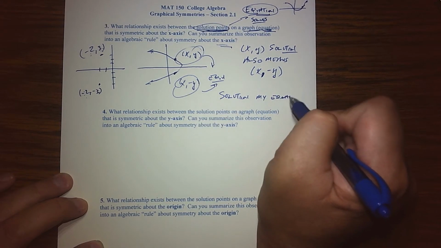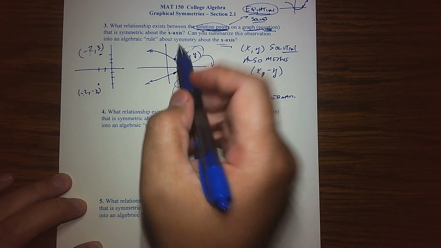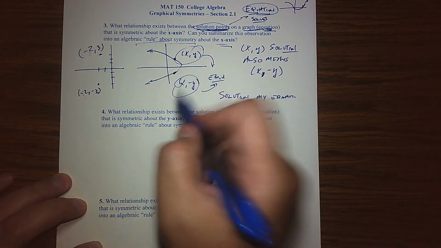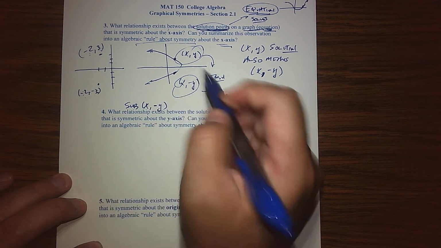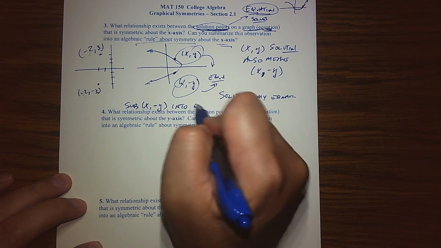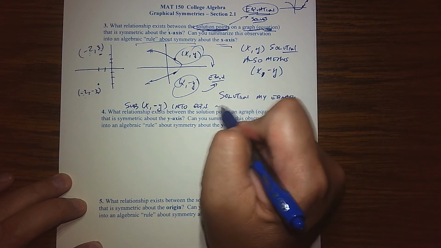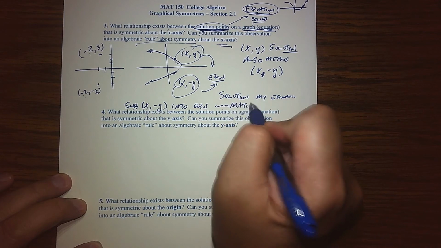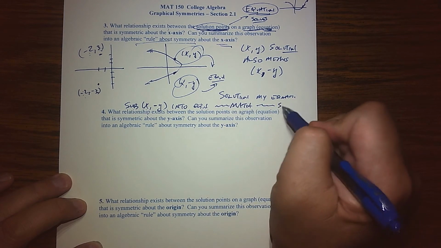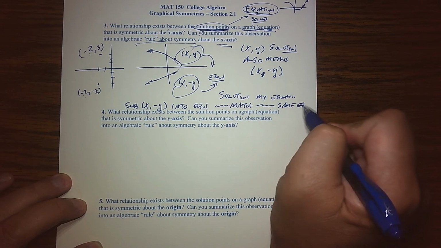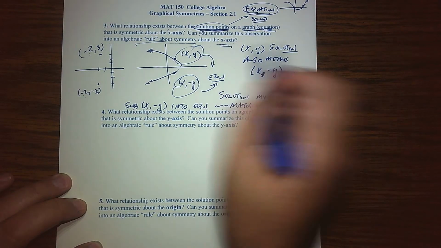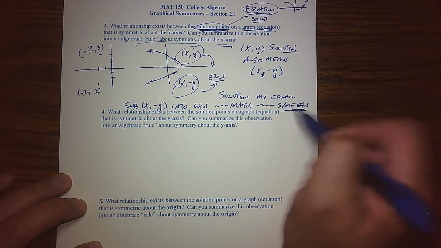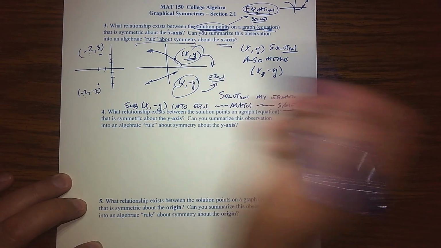And what this means, in terms of a rule or a test, is that if we can sub (x, -y) into my equation, do some math, and basically get the same equation back, that will be our proof for symmetry about the x-axis. Because if we can get the same equation back, that means (x, y) is there.